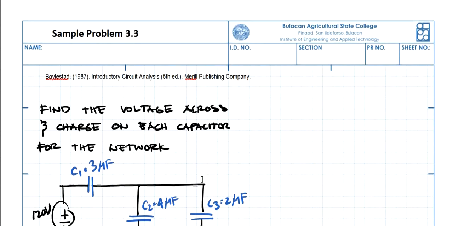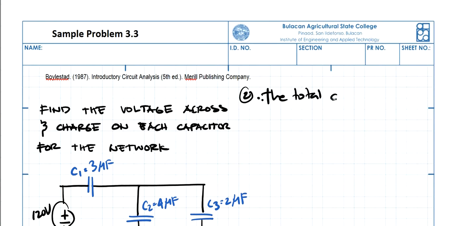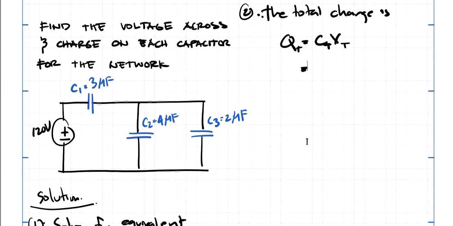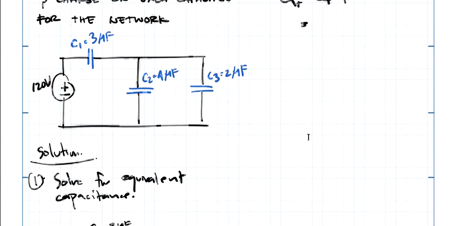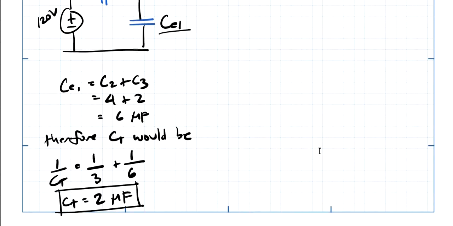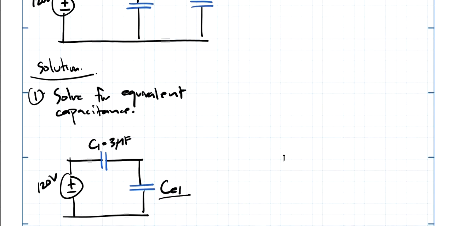Okay, next step is the total charge. Recall that the equation is Q is equal to CV. So if we are solving for total charge, then this should be total capacitance, and the voltage should be the total voltage. So CT is 2 microfarads, and then the voltage is 120 volts.